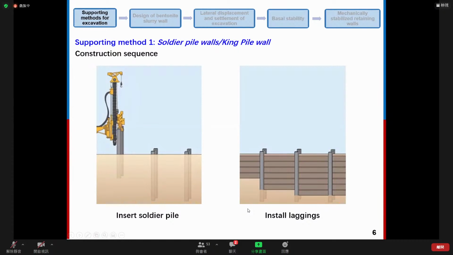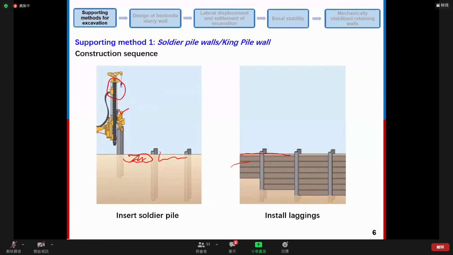So here you can see the construction sequence for soldier pile walls. Firstly, the soldier pile is installed by this driving equipment into the soil, and then a layer of soil is removed or dug out, and then we install the first layer of legging, and then we keep digging out the soil, do the excavation, and then we install the second layer of leggings.